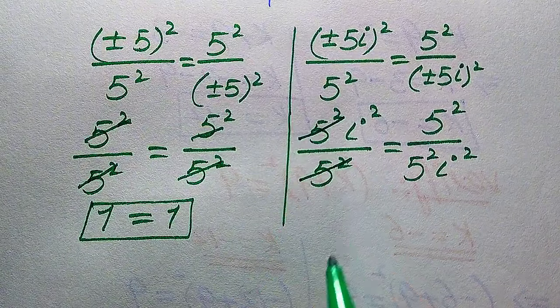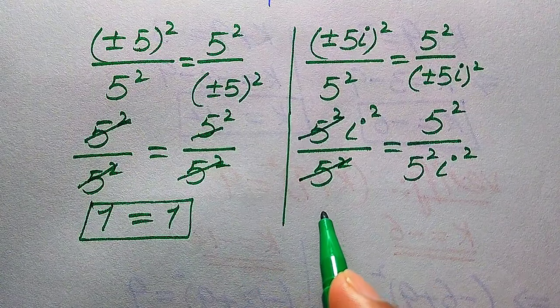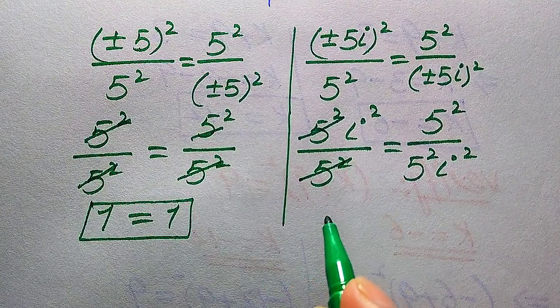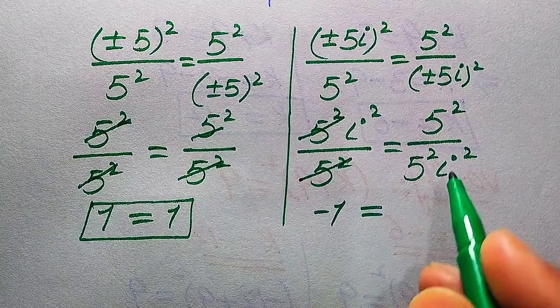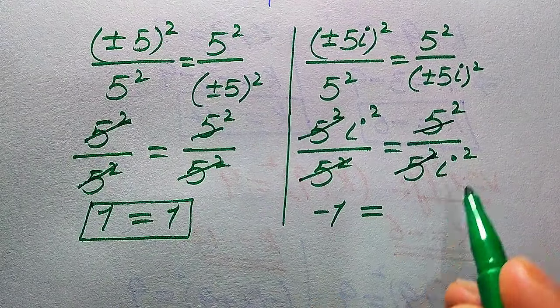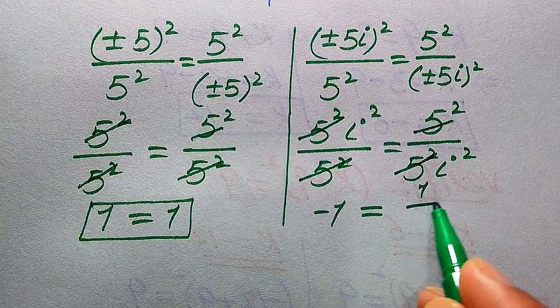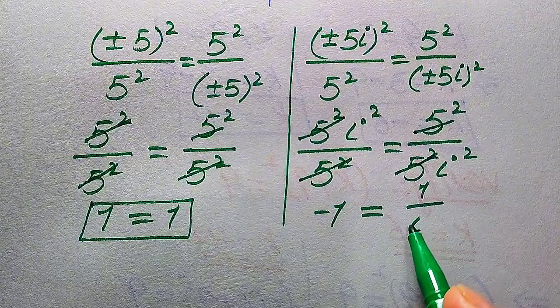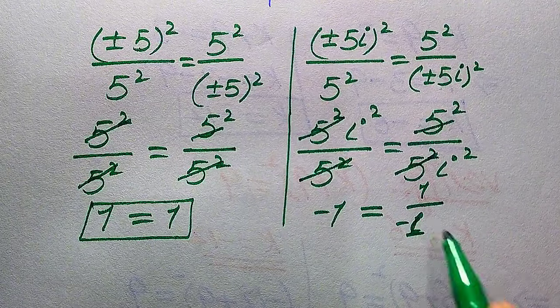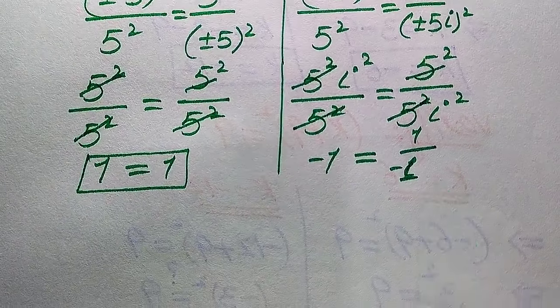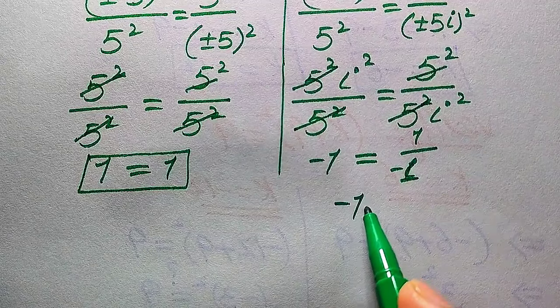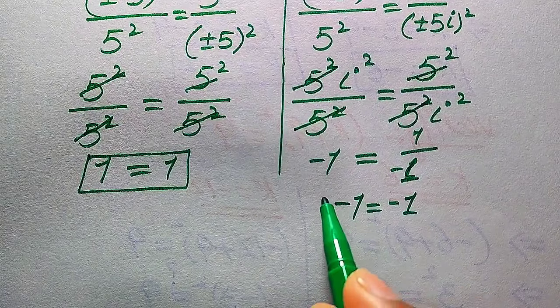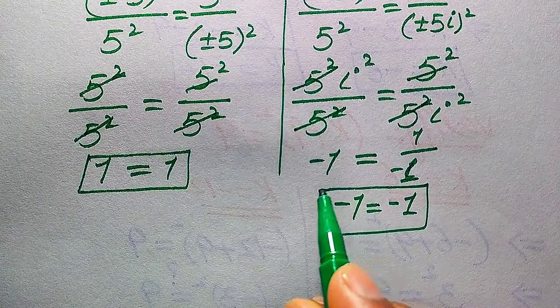This 5 square and this 5 square are gone and we get iota square, and we know that iota square equals minus 1. In the same pattern this 5 square and this 5 square are also gone and we get 1 divided by iota square, and this iota square is also equal to minus 1. And you know that 1 divided by minus 1 equals minus 1, and we clearly get that both sides are equal.